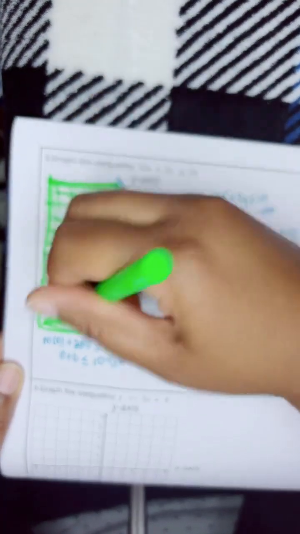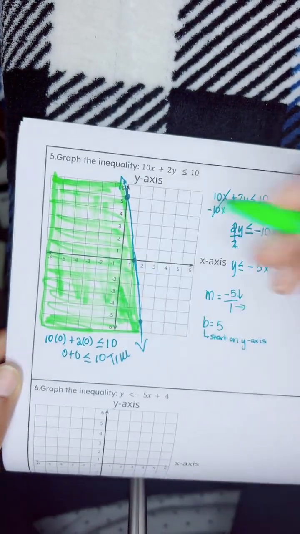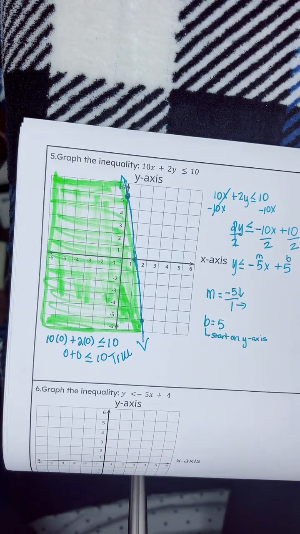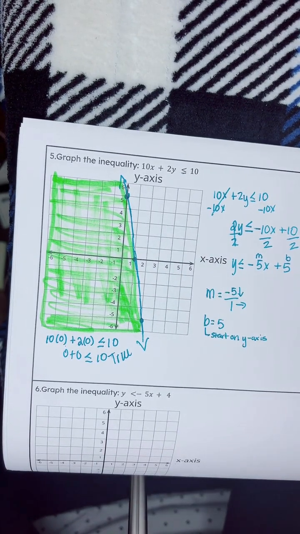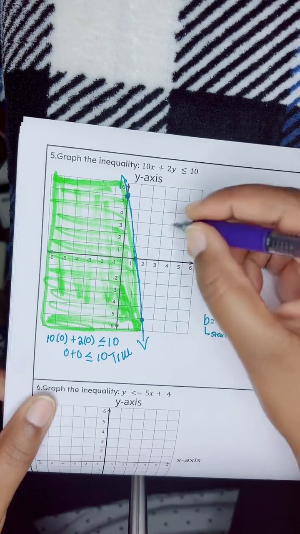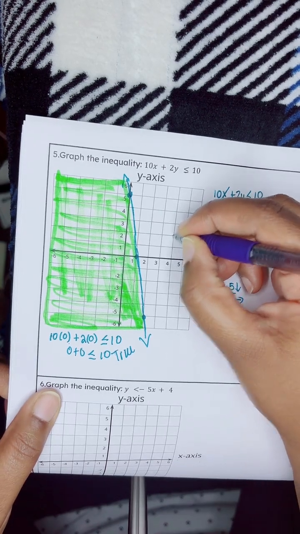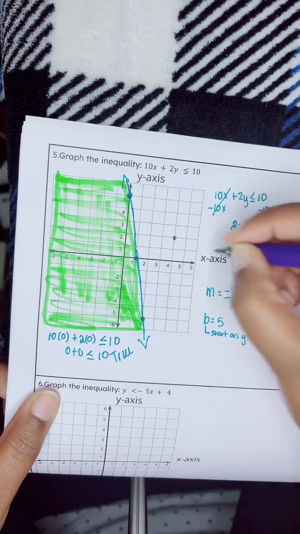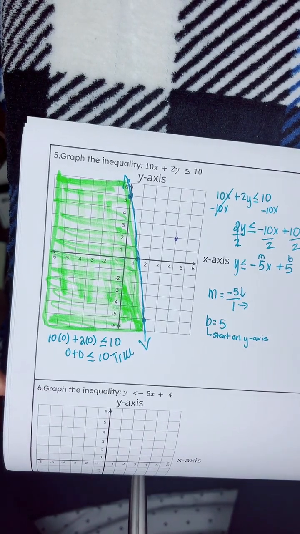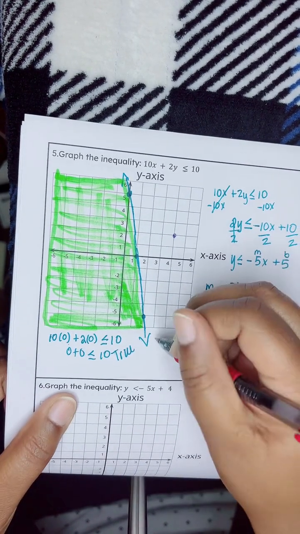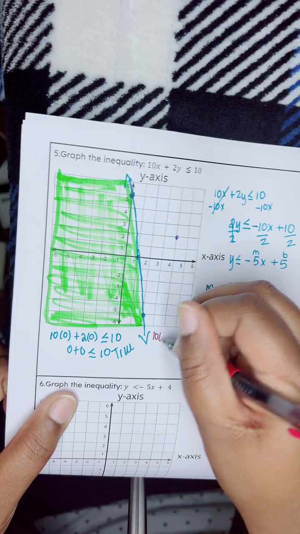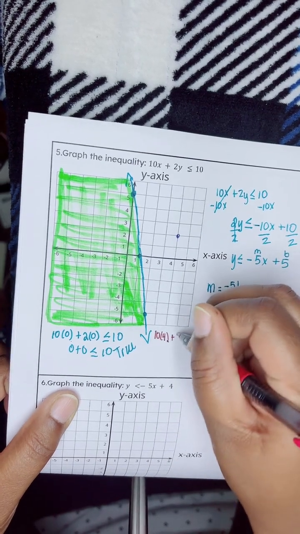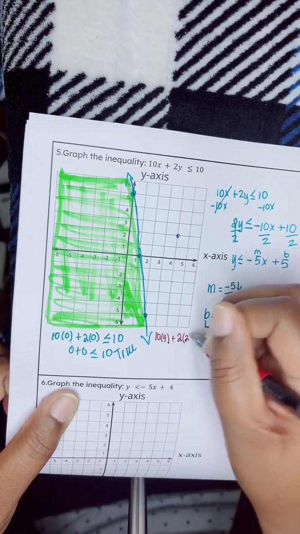Now, some people might be like, oh, man, okay, I still don't get it. Well, for the people that were choosing the right, let me show you why it doesn't work. If we choose a point here, let's say we choose 4, 2. So we'll plug in 10 times 4 plus 2 times 2.